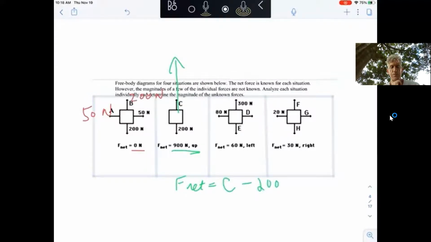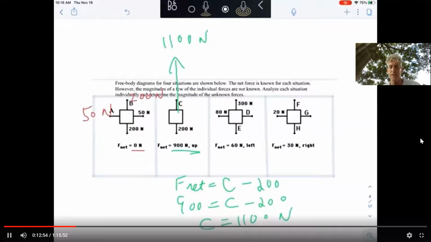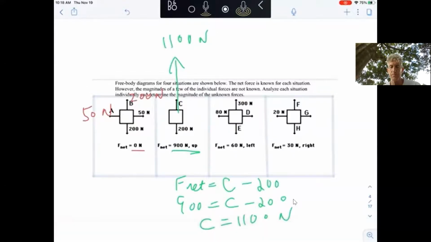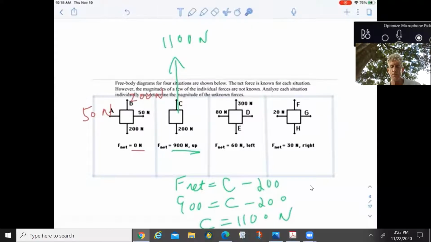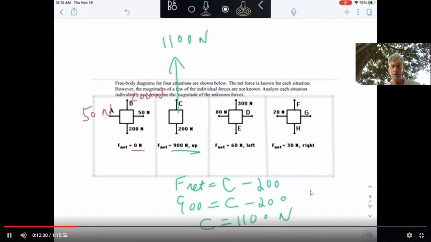Therefore, just plug in F net. You can see C would equal 900 plus 200, which would be 1100 newtons.